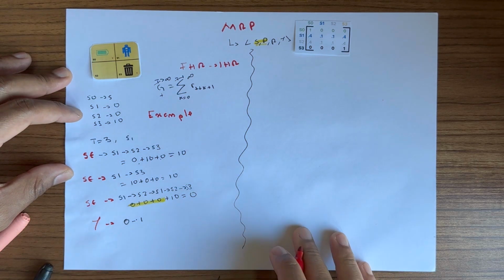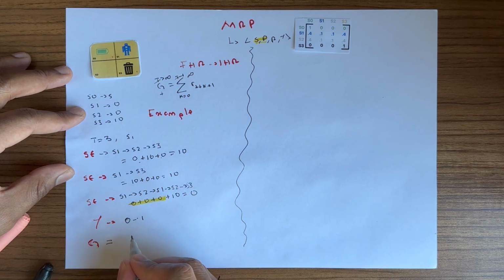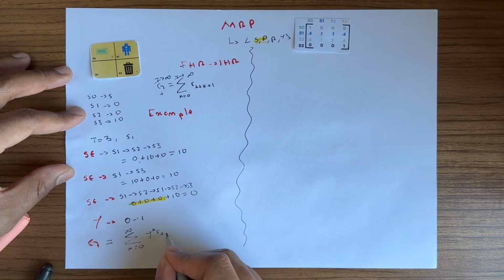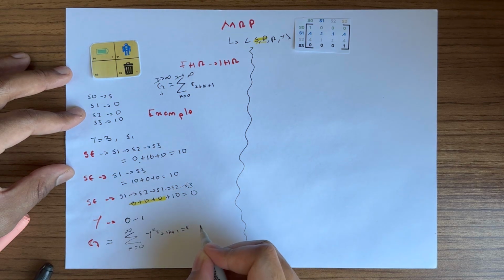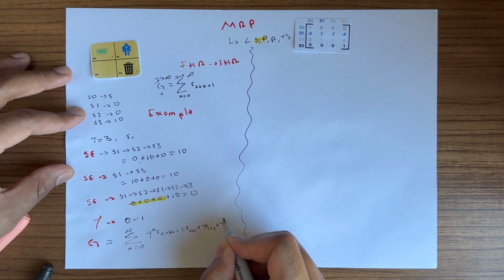In reinforcement learning books, it's going to be something like this: summation, let's say k from 0 all the way to infinity of gamma to the power k times r t plus k plus 1, which is essentially the first reward that we receive, t plus 1 in the next state, plus gamma r t plus 2, plus gamma to the power 2 r t plus 3.